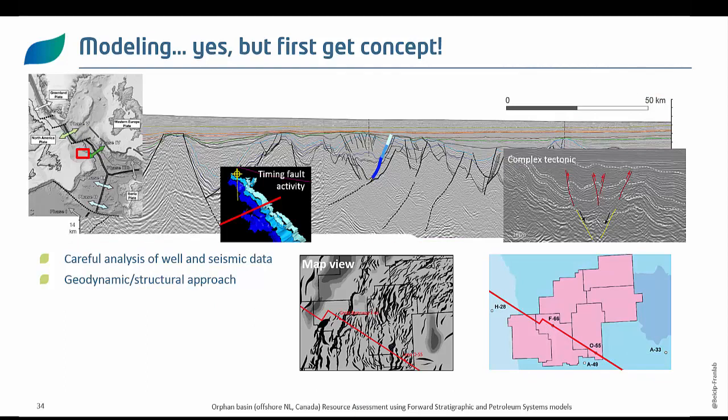It consisted of an exhaustive picking of the faults in relation with the timing of their activity, leading to the concept of the history of deformation from the local scale up to the big scale.